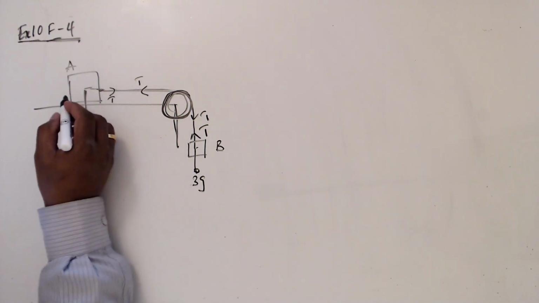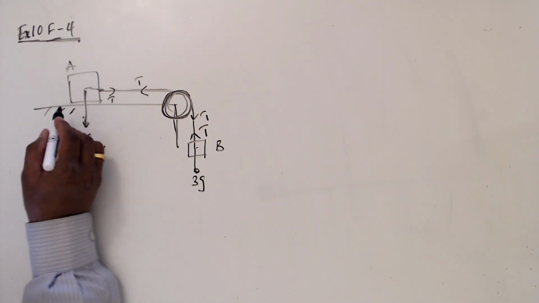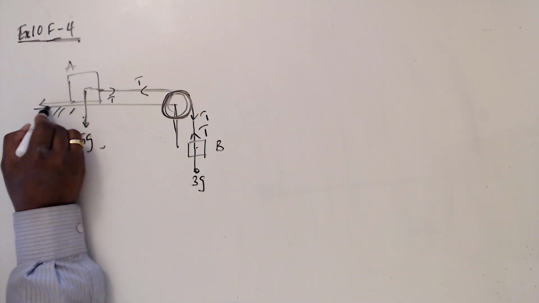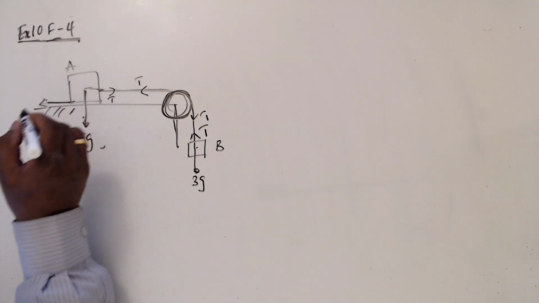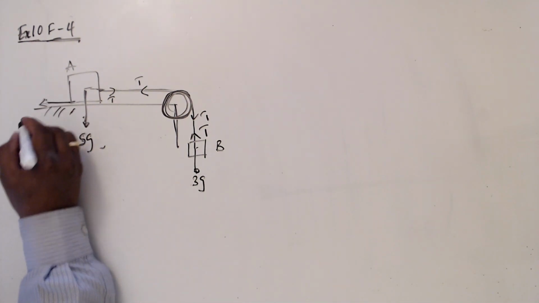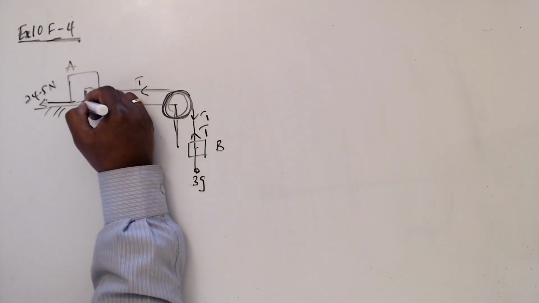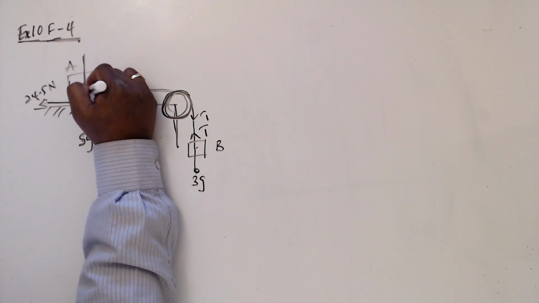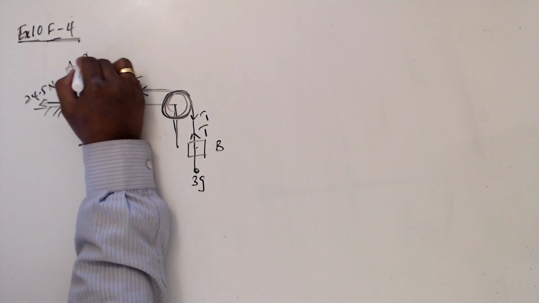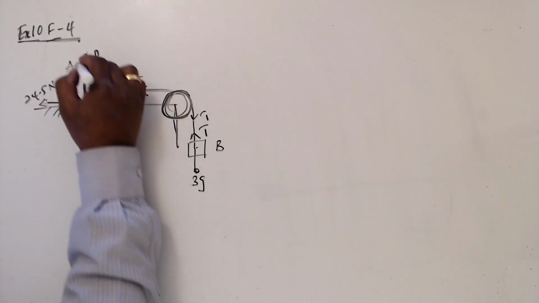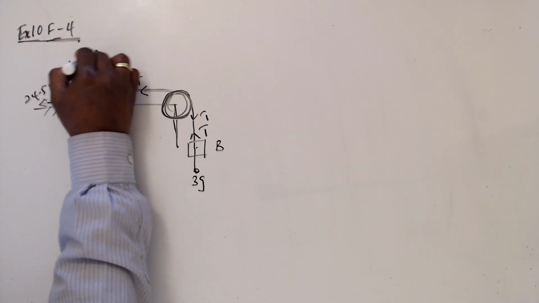And since the table is not smooth, there is a resistance force. That force is 24.5 Newton. And there is an R, that is the normal reaction.